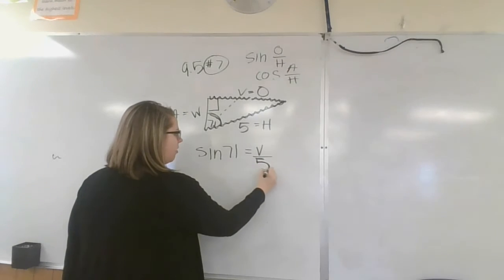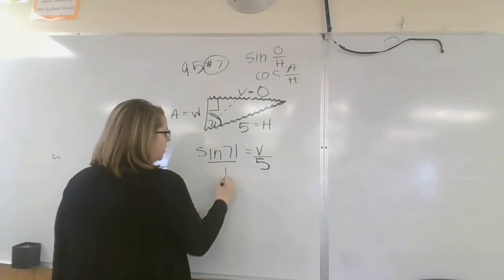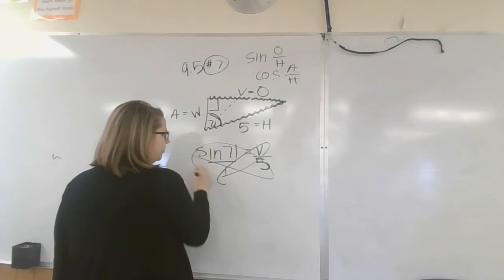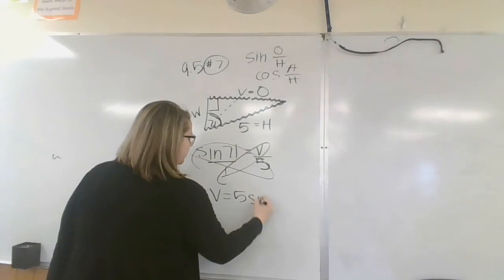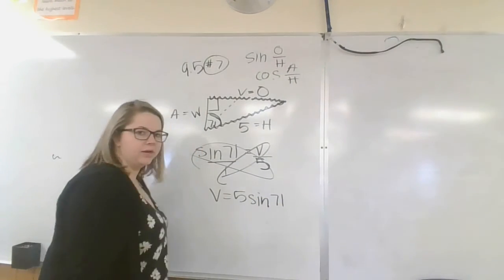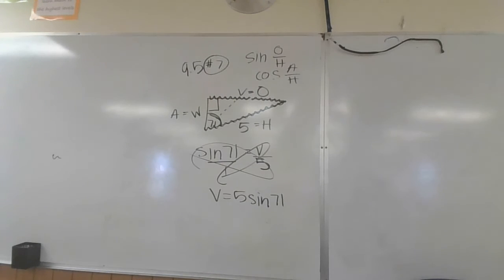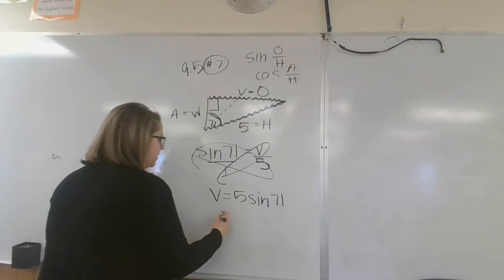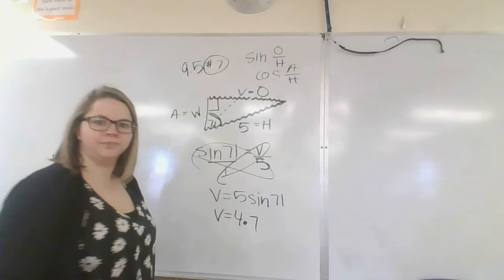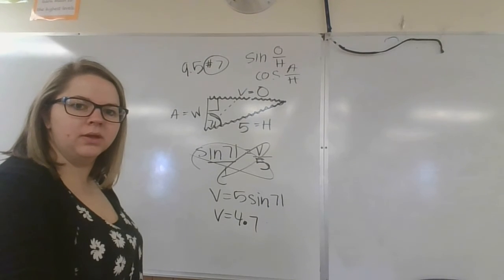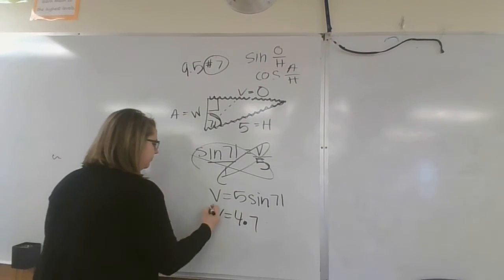Now I can put this over 1, and I can cross multiply. So V times 1 is just V, equals 5 times sine of 71. I put that in my calculator, 5 sine of 71, and I get 4.7. I'm just making sure I got everything good. Okay, so V should equal 4.7. And that is correct. Yay.